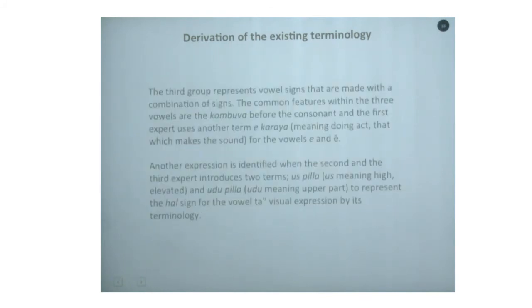As I said, the third group represents vowels that are made with two combinations. So we have a combo in front and a consonant at the back, which also means the second category. Now, the first expert also uses the term ikaraya, which means doing act, that gives the sound.